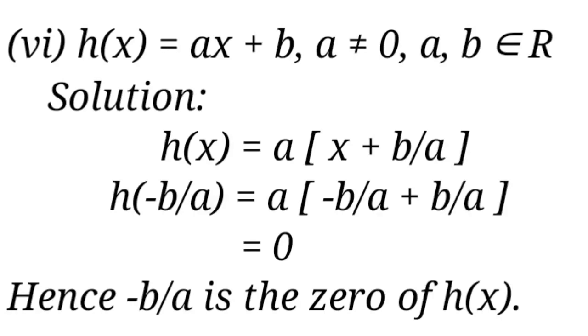Then h of minus b divided by a is equal to a into minus b divided by a plus b divided by a. Minus b by a plus b by a cancel, then a into 0. Therefore, h of minus b by a is equal to 0. Hence, minus b divided by a is the 0 of h of x.